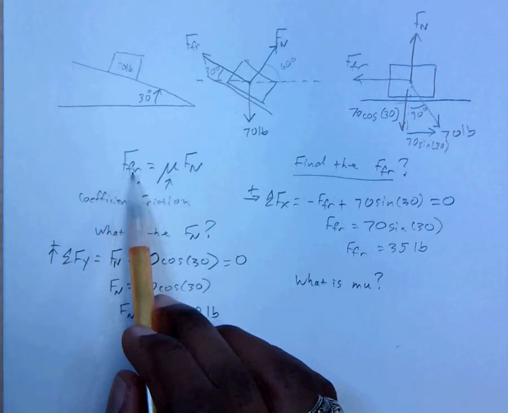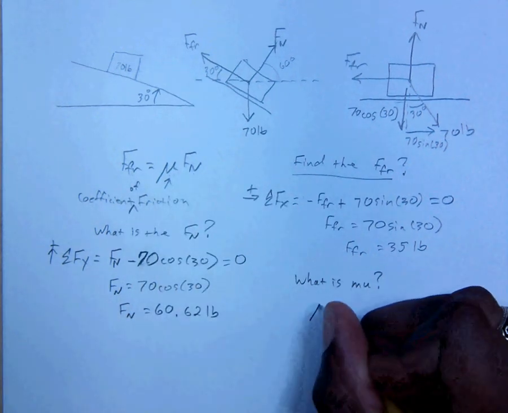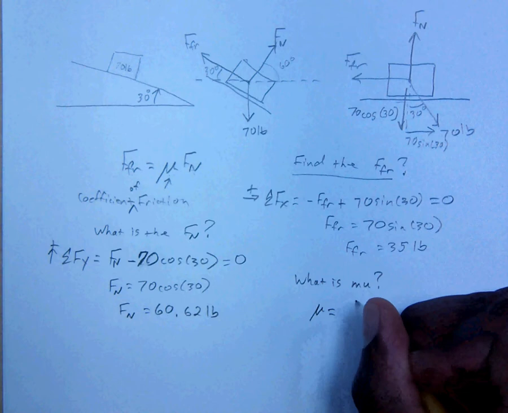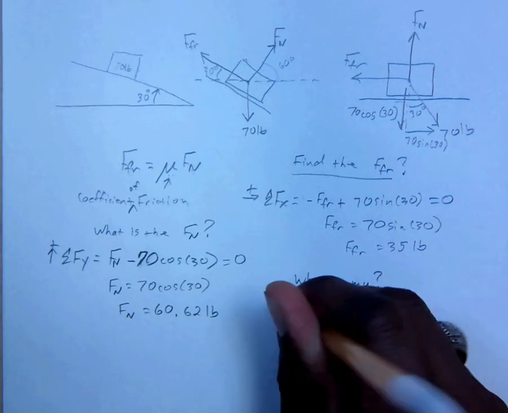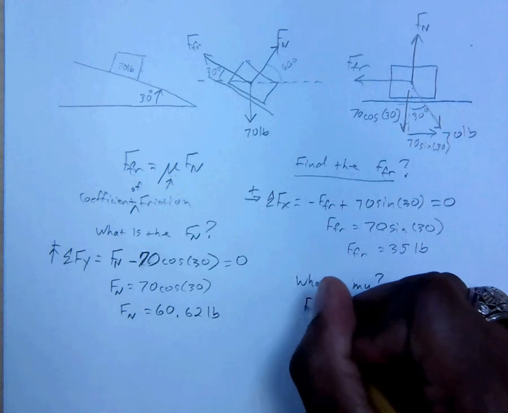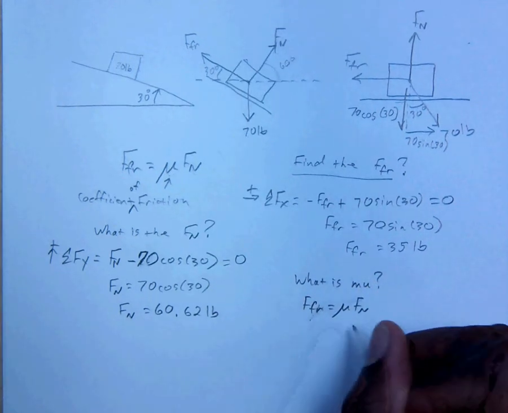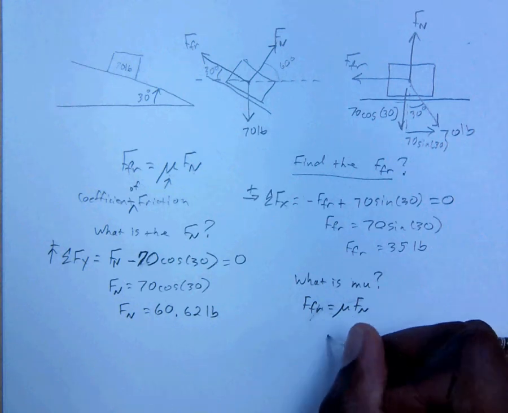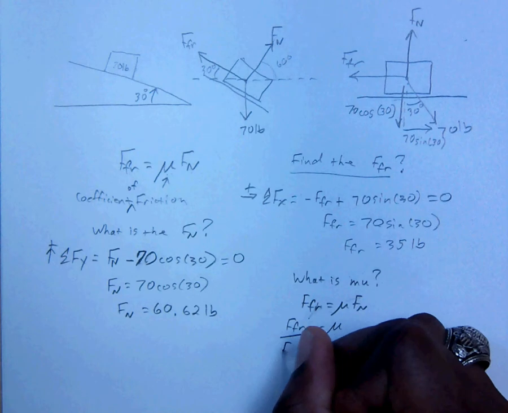We know the force of friction and we know the normal force. So that means, let me write that whole equation out first: if I have the force of friction equals mu times the normal force, then divide by the normal force on both sides. Mu is just going to equal the force of friction divided by the normal force.